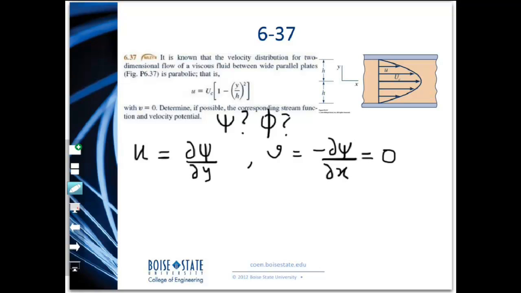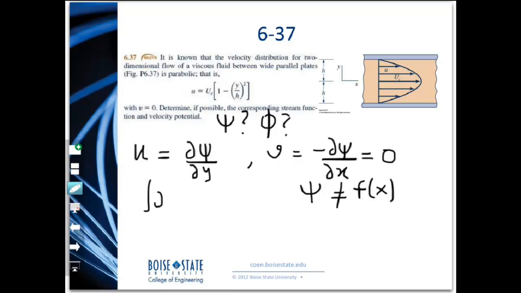And immediately we can tell from here that ψ is not a function of x because it turns out to be 0, which is what we are given in the problem. So let's look at the u formulation.